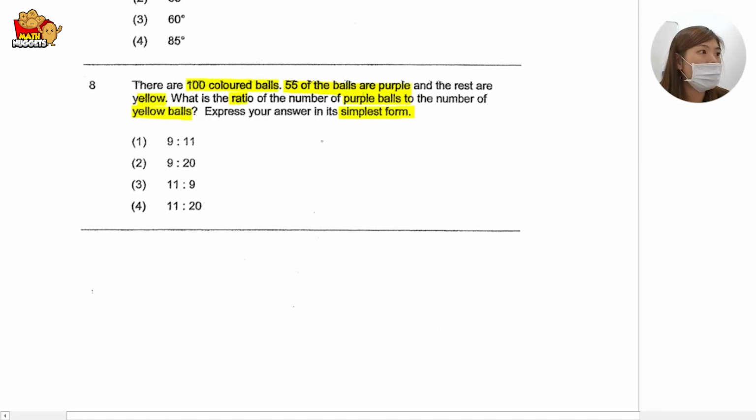To start off with this question, firstly you need to know the number of yellow balls, because you already know the number of purple balls. So for yellow balls, you take 100 minus 55, and this gives you 45. And these are yellow.